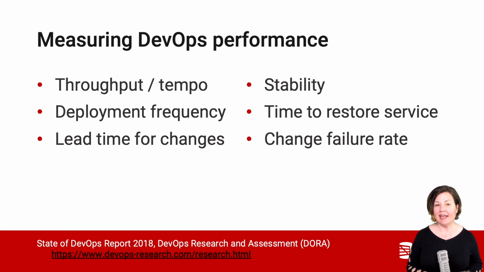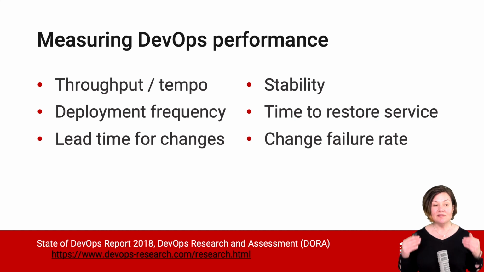Deployment frequency can as well. If we're deploying infrequently, this can make problems with stability take longer to restore. And time to restore service, the time if there is something wrong in production to make it right in production, is a critical stability metric, along with looking at how often we are causing problems in production.